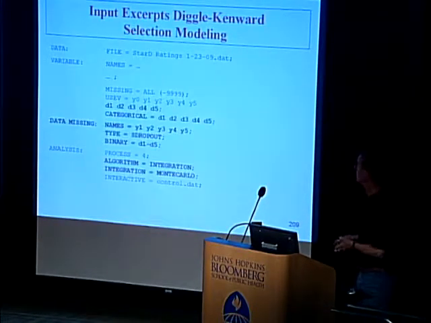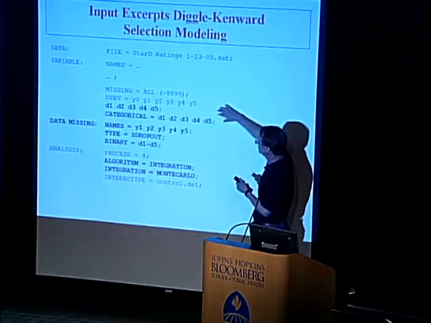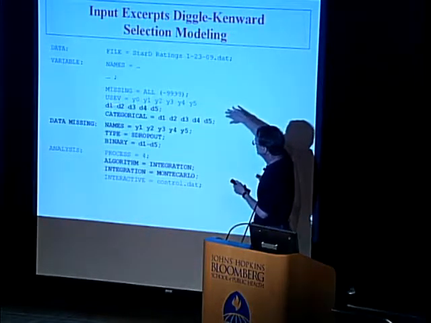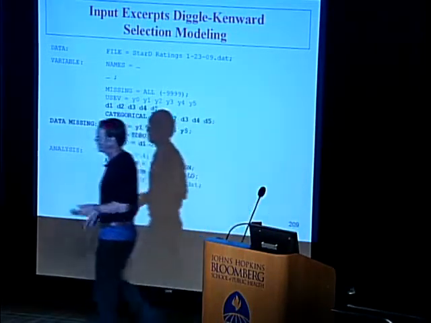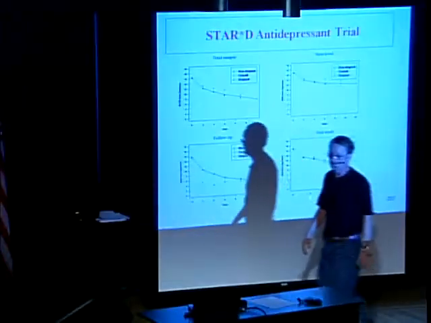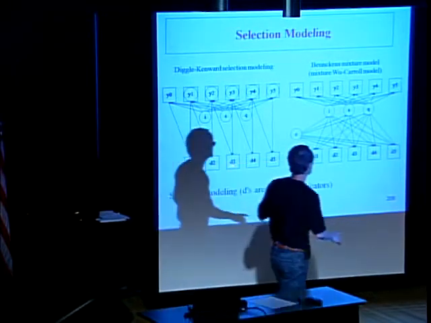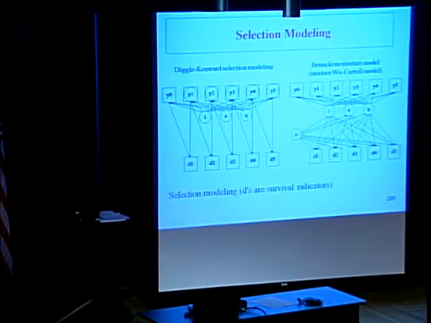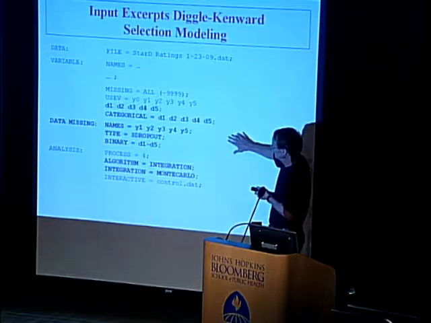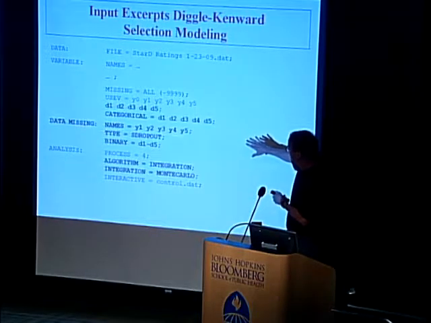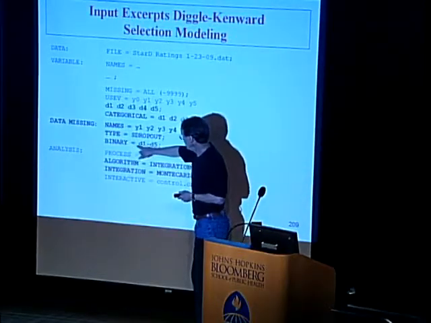Here's how you set up Diggle-Kenward with a simplified, well, first of all, the variables are these D's. The use variables are these dropout indicators. And they are declared as categorical because they are dependent variables. They're binary. And now we're going to have a new feature in version 6, data missing, where for the y variables that we consider, we're going to define a set of binary variables.